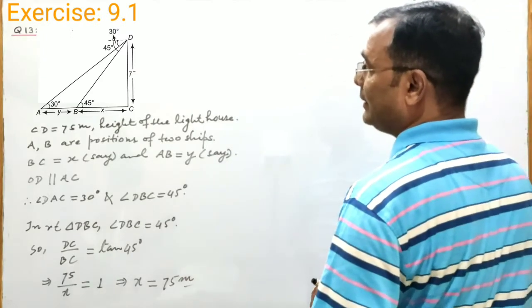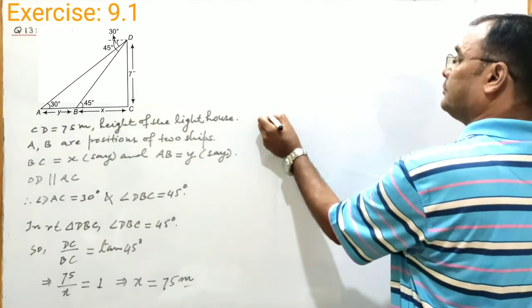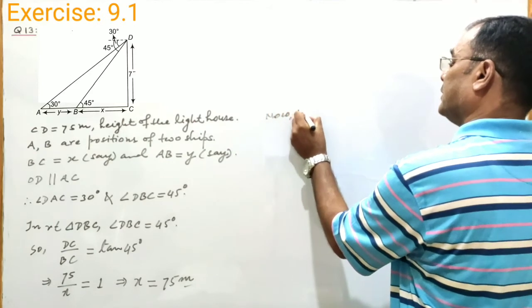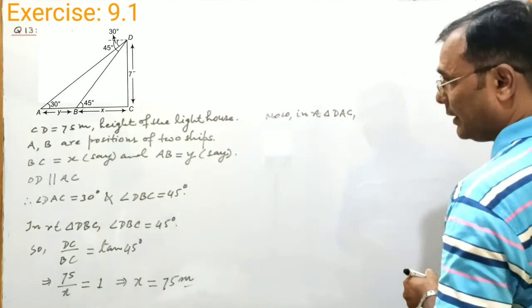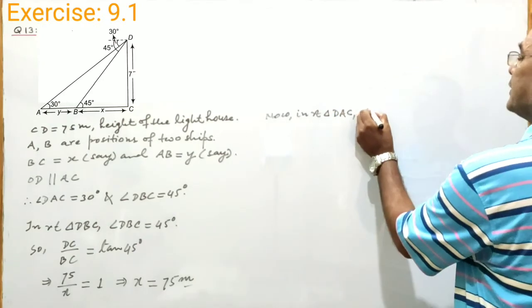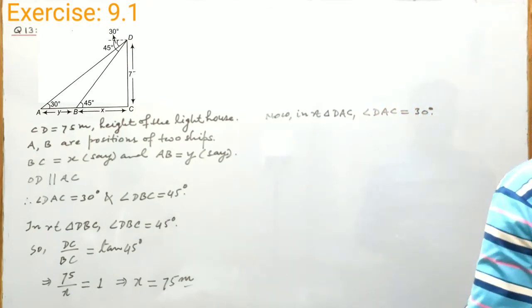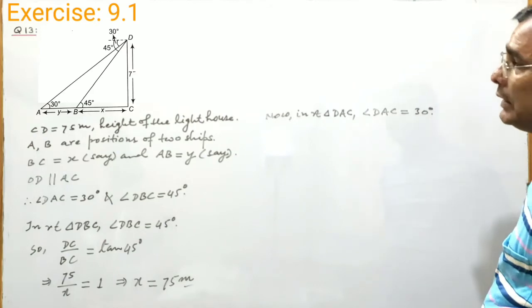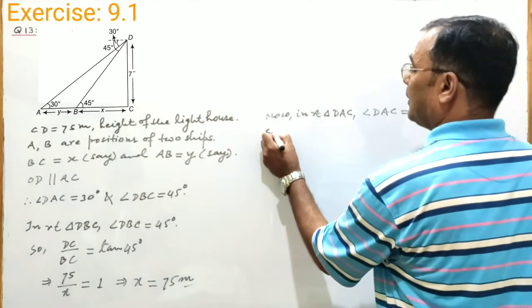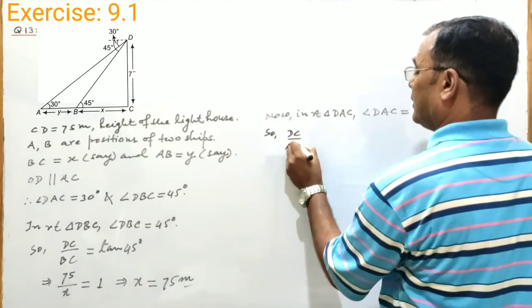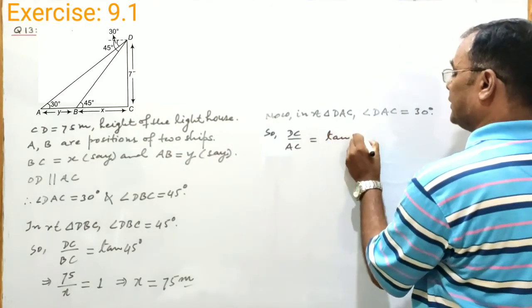Now in right triangle DAC, angle DAC equal to 30 degrees. So we can write DC by AC equal to tan 30 degrees.